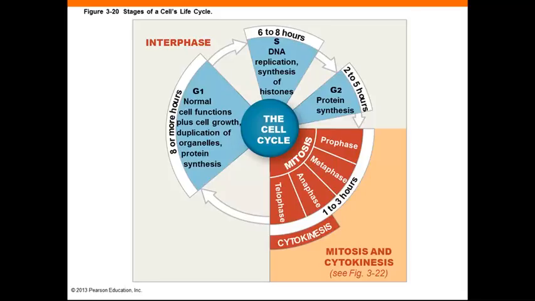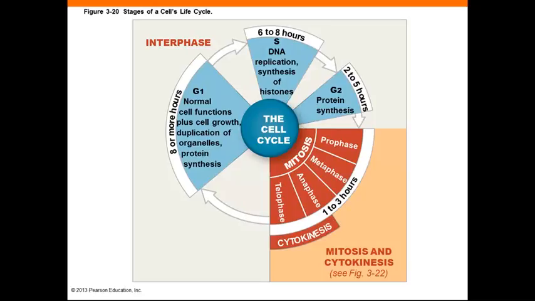The S phase of interphase is when the cell will replicate its DNA, make a copy of its DNA inside of the nucleus. Last, G2 phase of interphase is when the centrioles are replicated and proteins are synthesized. So the cell is really gearing up for that next step, mitosis.